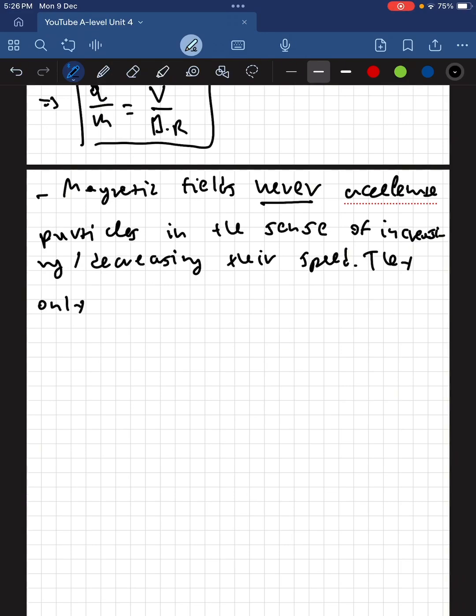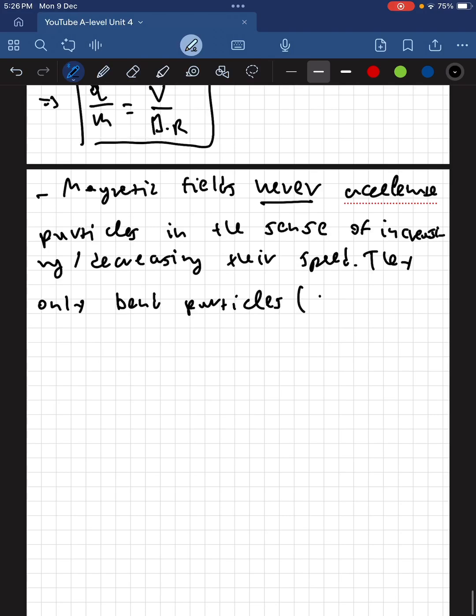They only bend particles. Okay, electric fields do accelerate particles. So using electric fields, we can increase the speed of a moving particle.